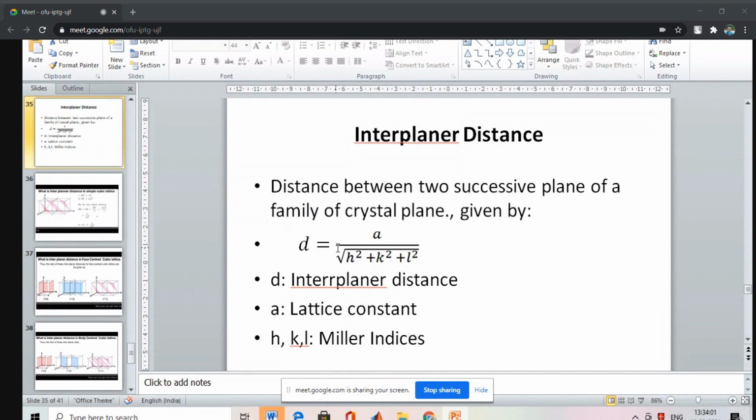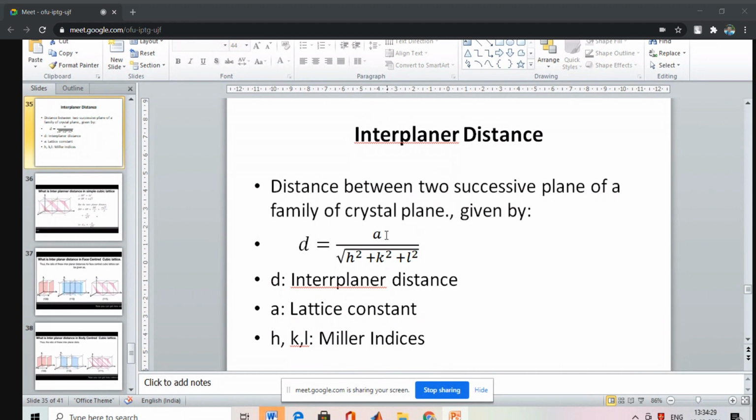So you will remember that for SCC we can calculate using this formula. But for BCC and FCC, you will remember that in BCC there is an atom at the center of the body of the unit cell, and so an additional 111 plane is there in the set of SCC, and so interplanar spacing D111 is half of the SCC for BCC.